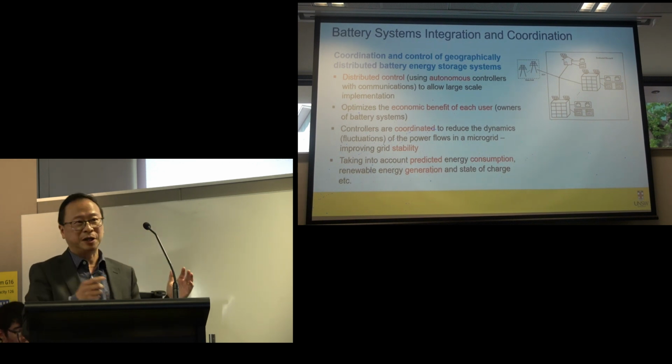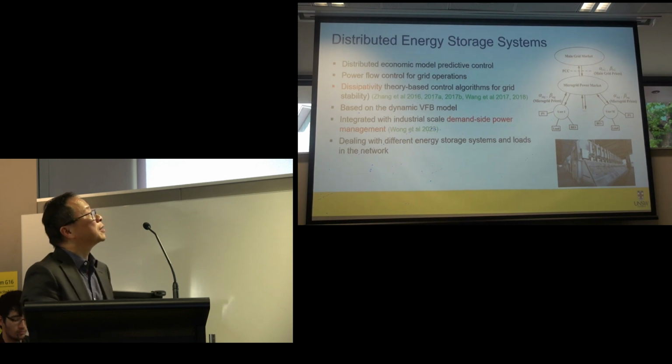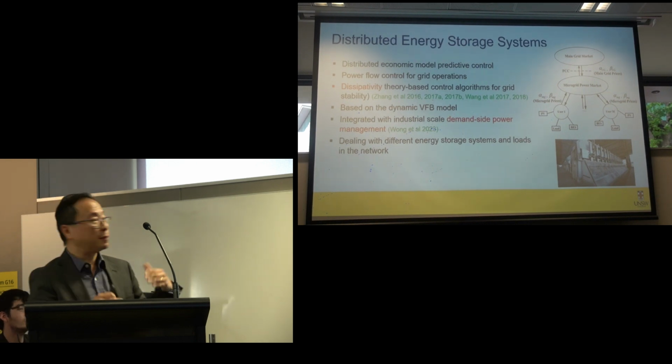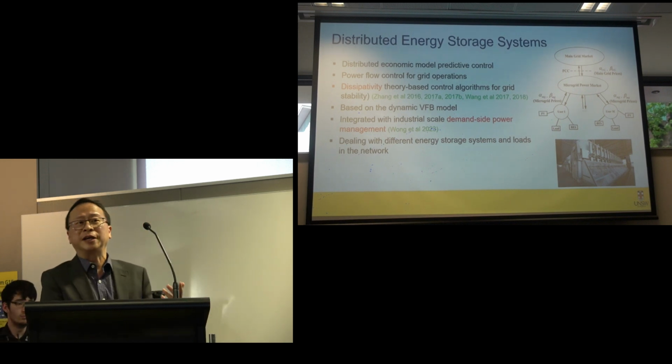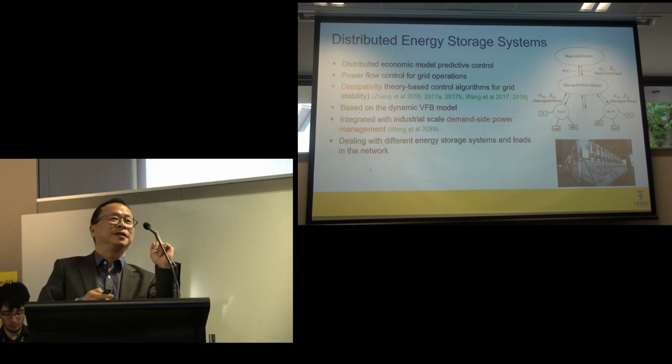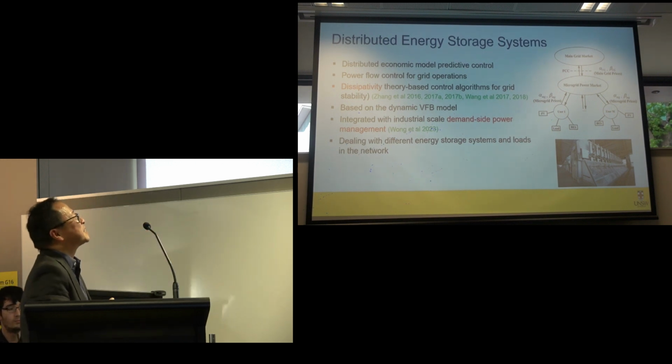We introduced something called distributed economic model predictive control. We have the power flow control for the grid operations. I think Dr. Zhang is here, and he worked on this topic.